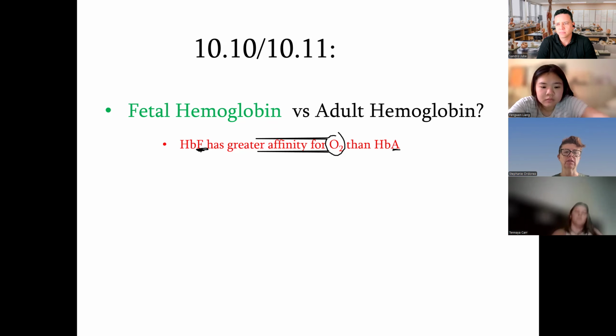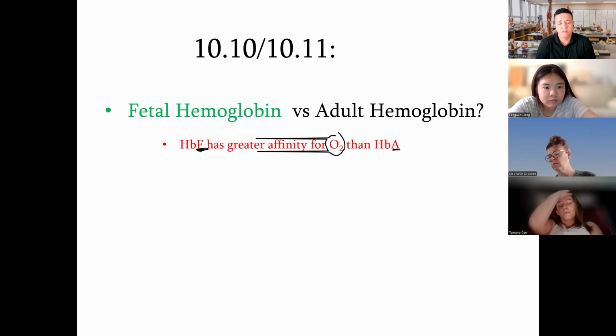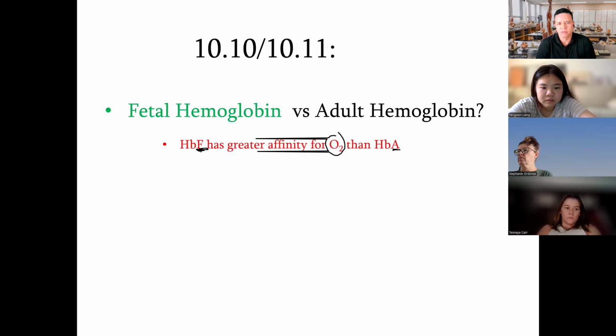Can you repeat that question? Yeah, the question is, why does the hemoglobin of a fetus have a greater capacity to bind to oxygen gas than the hemoglobin of an adult? How does it benefit the fetus?